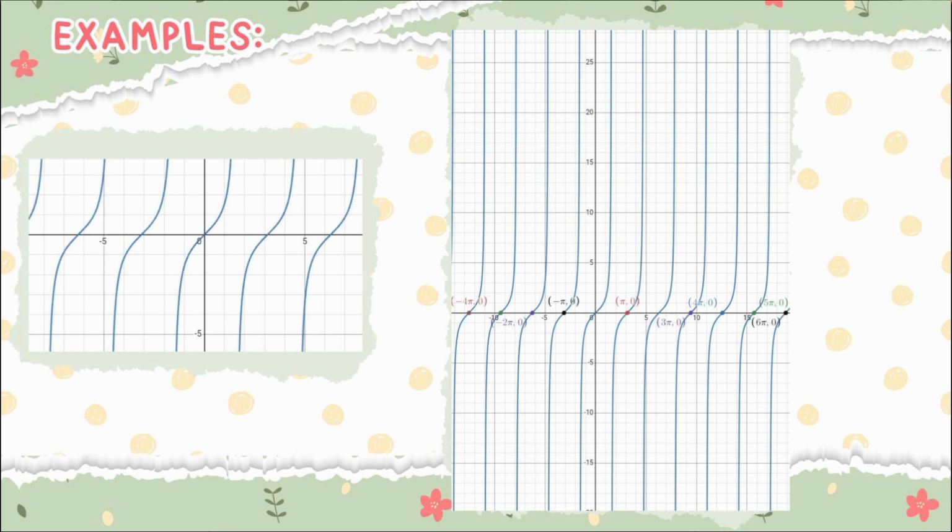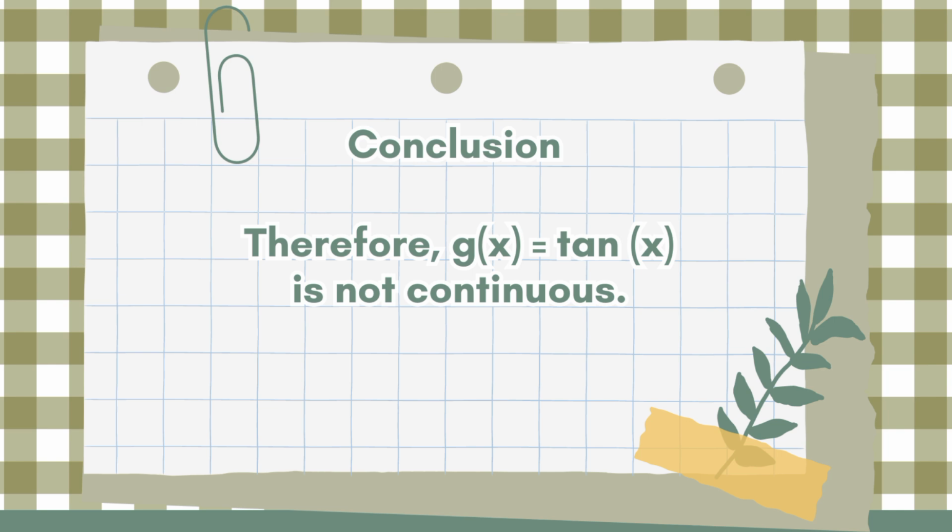So this example is discontinuous. So the conclusion is therefore that g of x equals tan of x is not continuous.